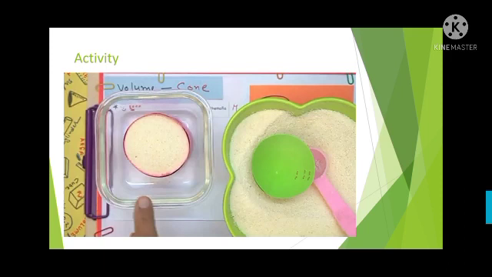How many cones of suji were poured to fill that cylinder? 3, right? So this gives us the relation that 3 times the cone gives you 1 times the cylinder.